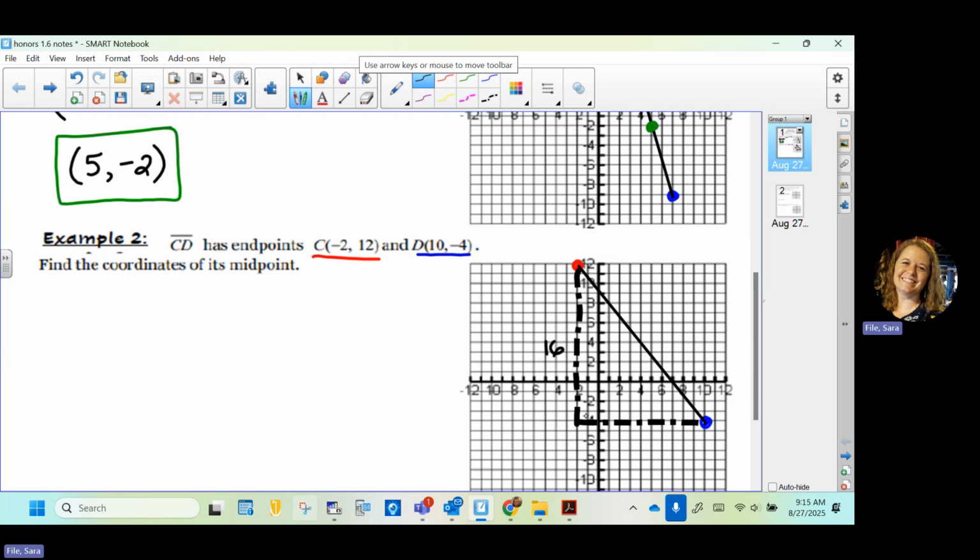So that would be down 16. And then from -2 to 10, that would be over 12. So if I want to go halfway, what do you think I could do with those numbers? Cut them in half. Good. So I would go down 8. That would put me here. And over 6 would put me here. And then I could get the coordinates that way. And that is at 4, 4.